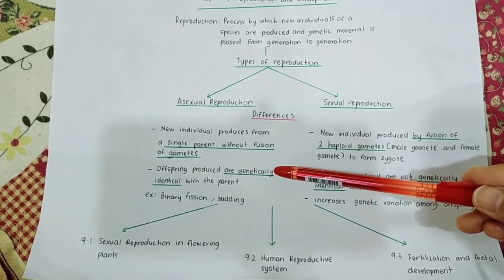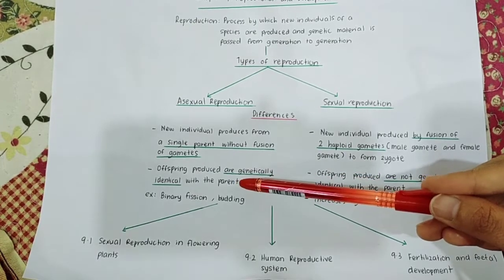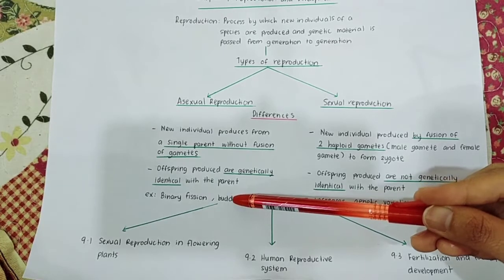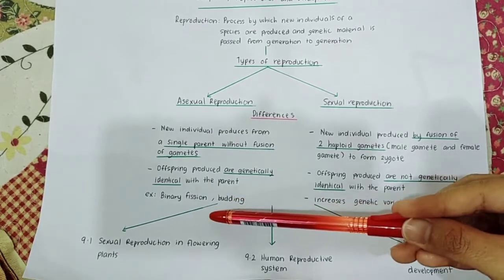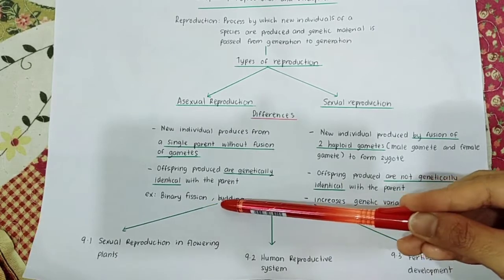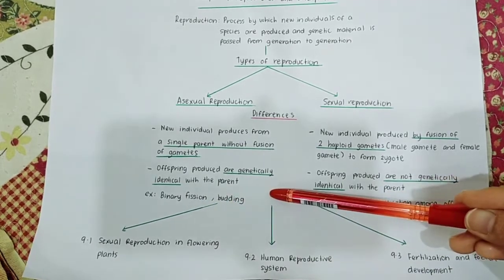Tapi kalau untuk asexual reproduction, since the offspring produced are genetically identical with the parent, so dari segi variationnya adalah kurang. Examples of asexual reproduction are binary fission, budding, dan banyak lagi lah.